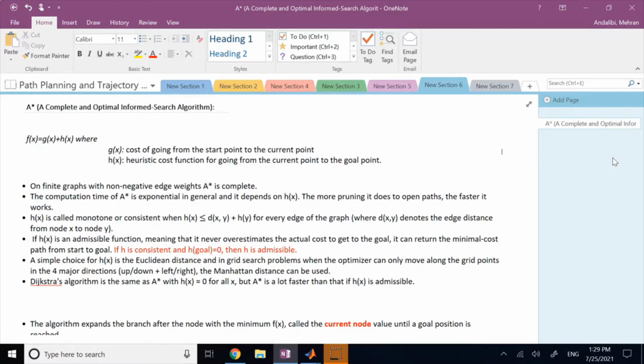And h is kind of the remaining of it, right? The cost to go from your current location to the goal. So you break the total cost for going from start to the goal at each location. When you try to calculate it, you break it into two parts. How much does it cost me to come from start to here? You call it G. And how much it costs me to go from here to the goal? You call it H.